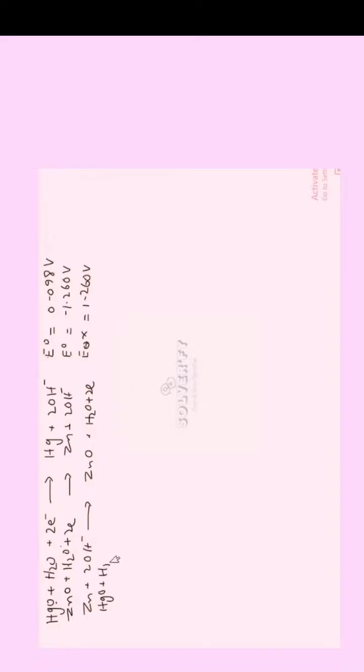On the other hand, the mercury oxide reacts with the water molecule and gains the electrons lost by the zinc, forming mercury and 2 hydroxyl ions. E reduction is equal to 0.098 volt. Adding the value of E oxidation and E reduction to get E naught of the cell, we get 1.358 volt.